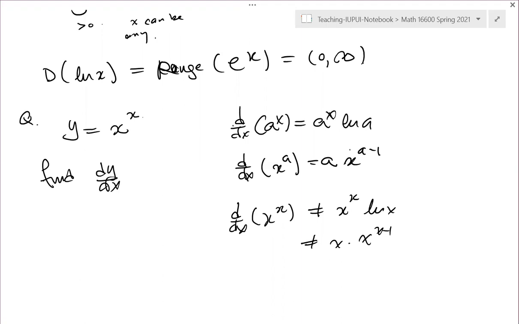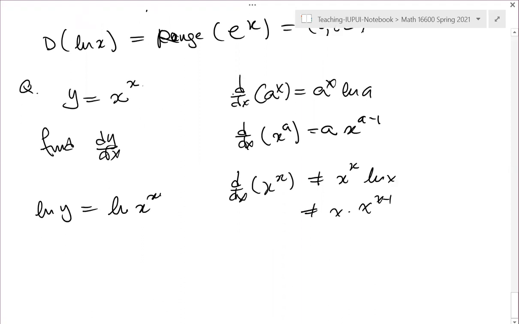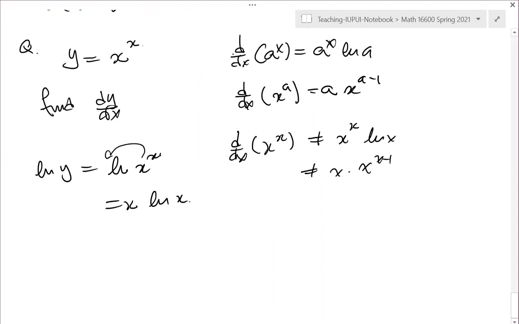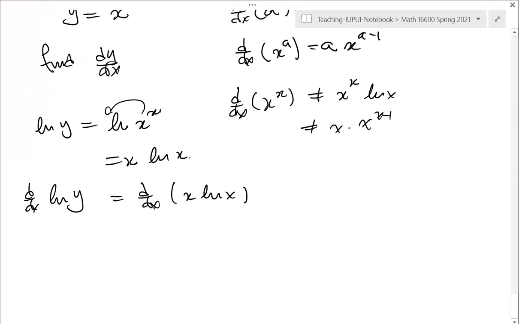Well, use the same idea. Let's put the natural log on both sides. Then the right-hand side is going to be x natural log x. This x can be moved, so this will be a product of two functions. When you differentiate both sides with respect to x, the left-hand side uses the chain rule: 1 over y, dy over dx.